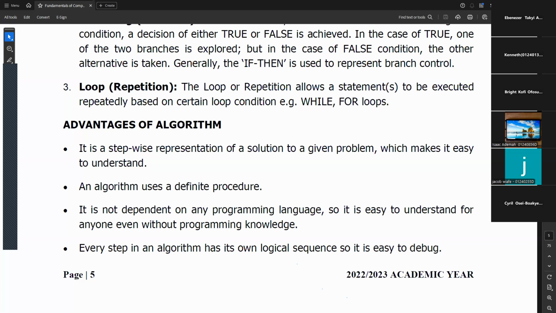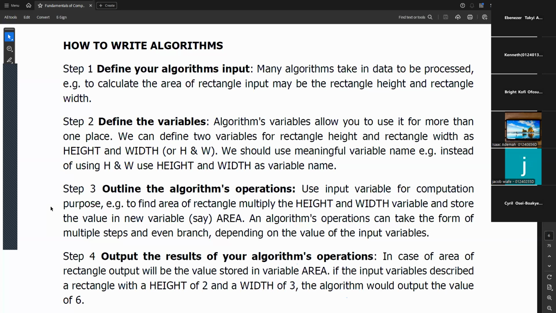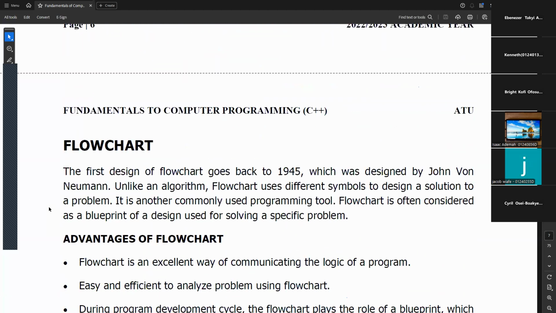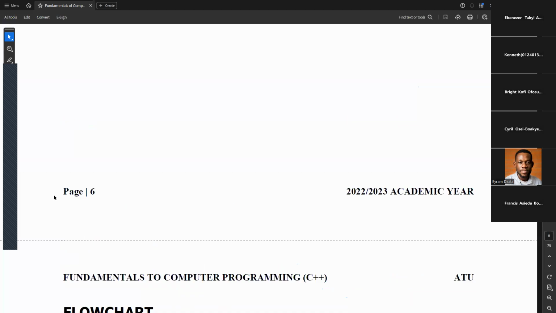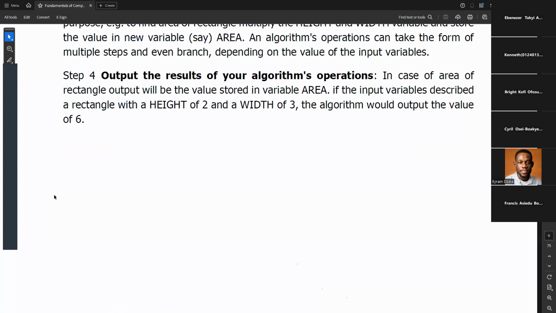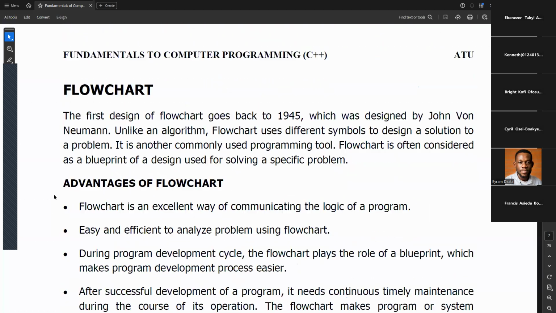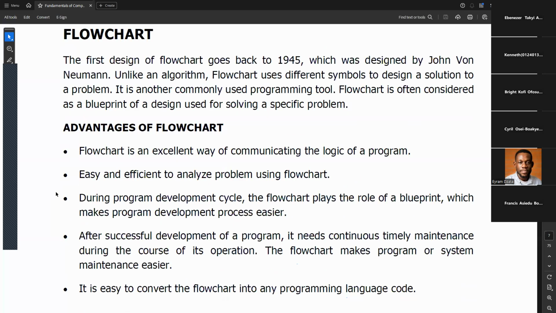All right, so basically that's it. Let's move on. There are a couple of things we need to touch on before we end. There's also what we call a flow chart.